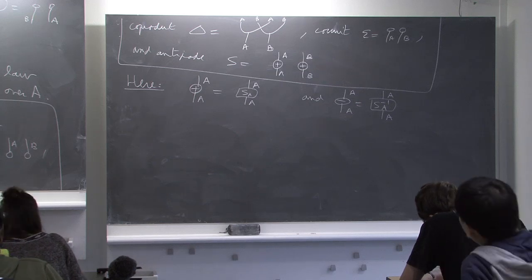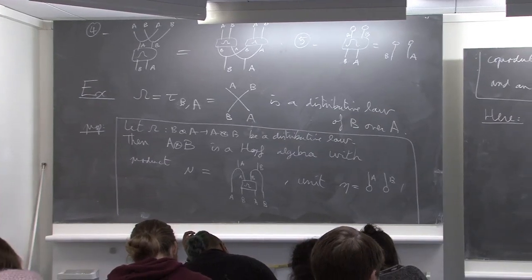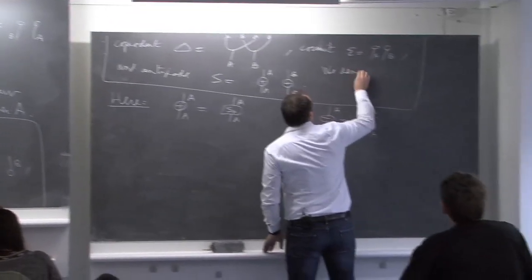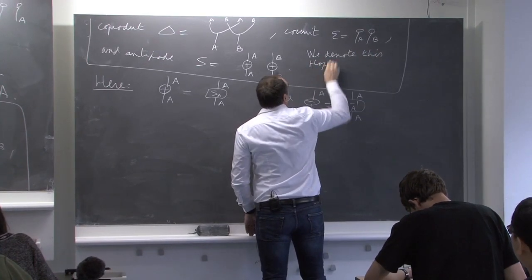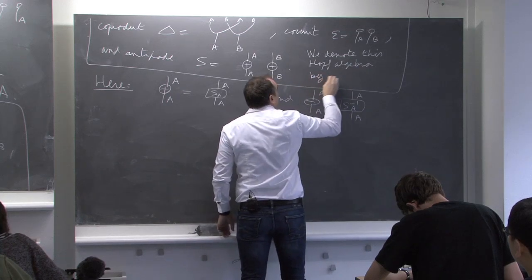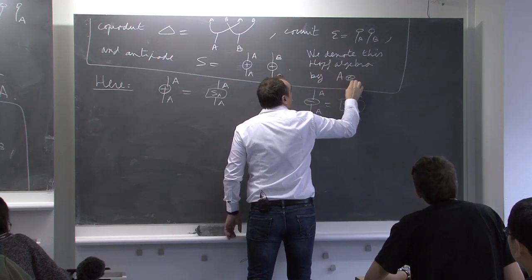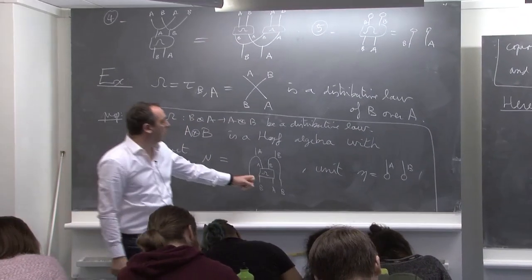Okay, so we produce a new Hopf algebra. And we denote this Hopf algebra like this, to remember. As a vector space it is just A tensor B, but the product is this one.